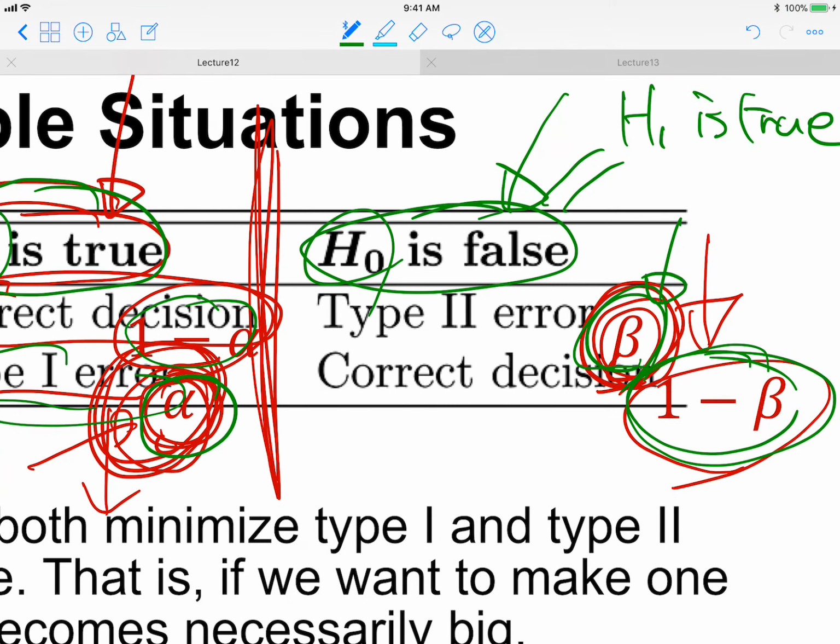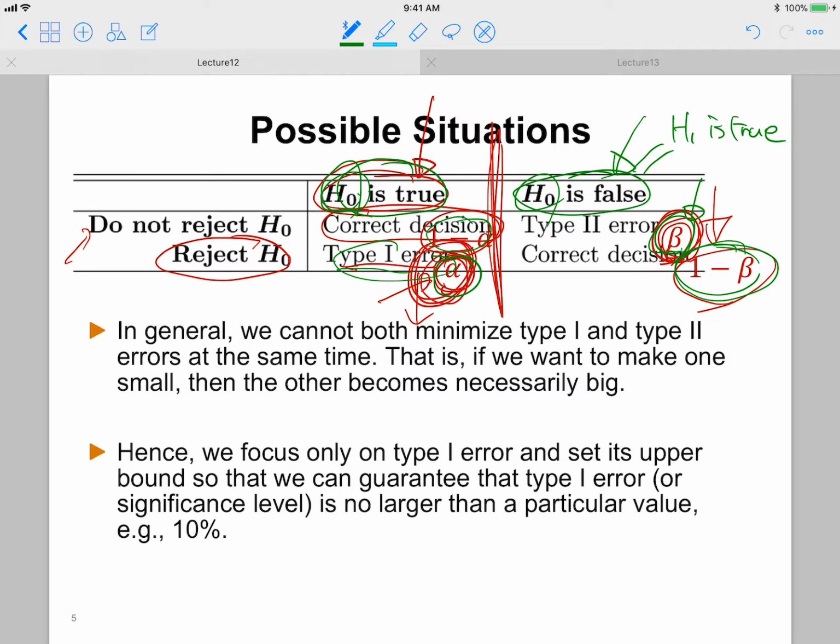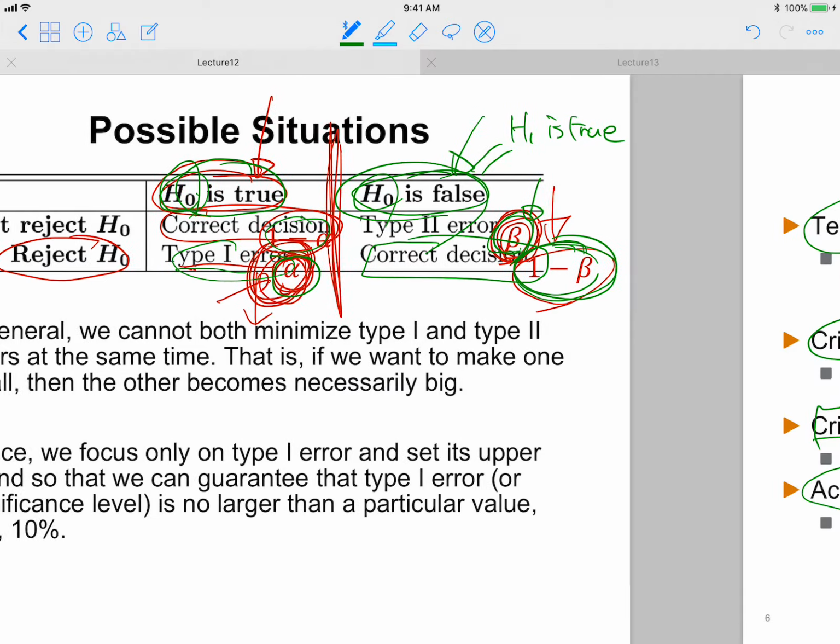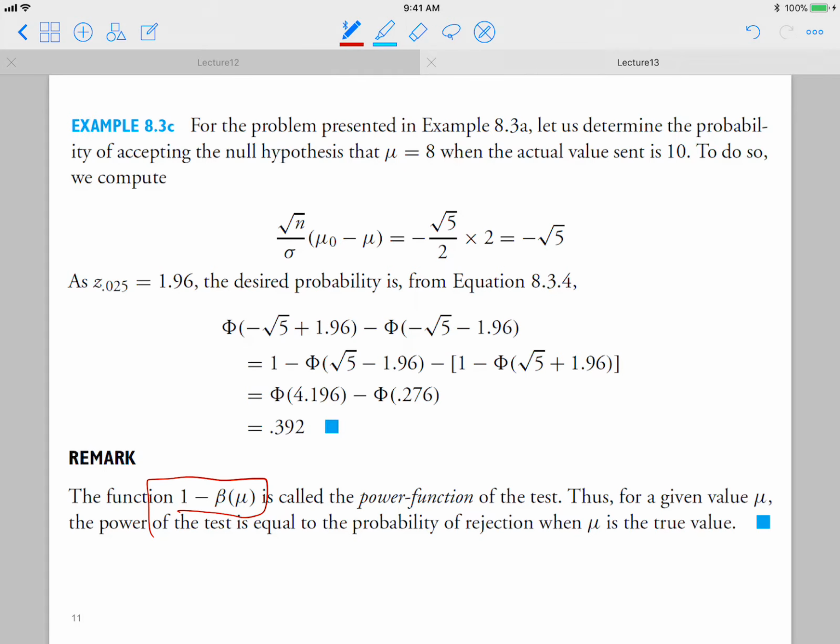So this is also the correct case. And then this one is of course 1 minus beta, assuming that this H1 is true. And in this case, it's called a power, and also it's called a power function in terms of the mu.